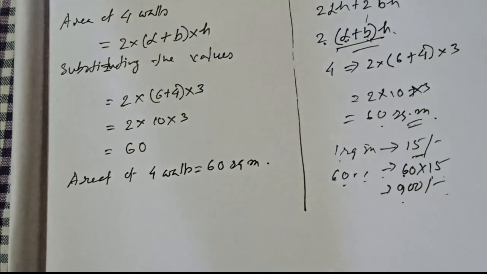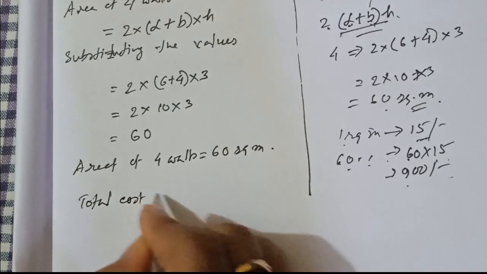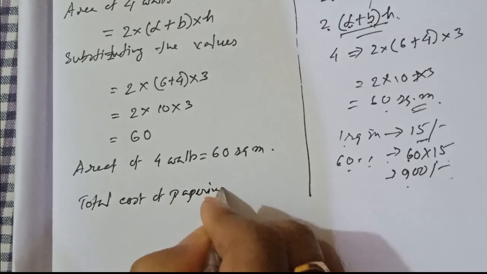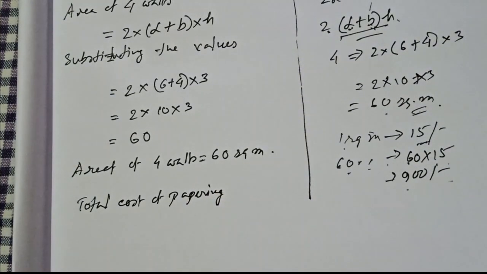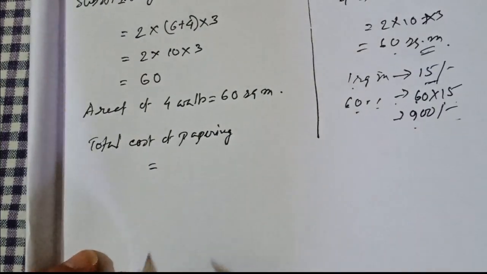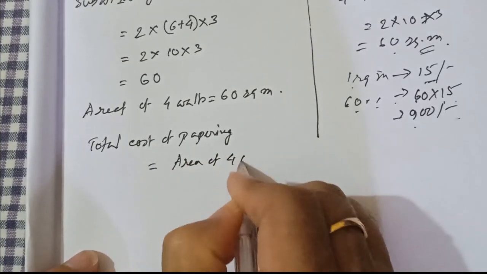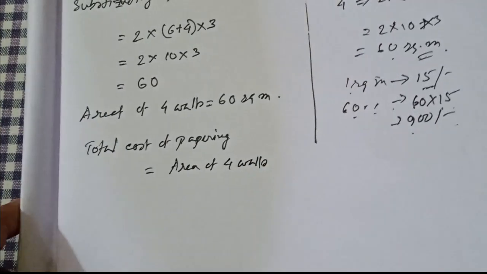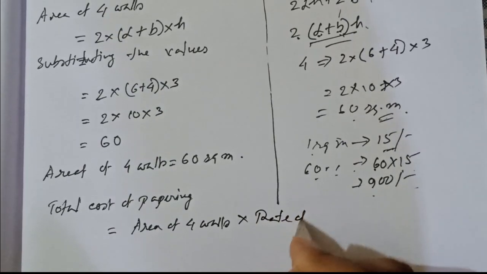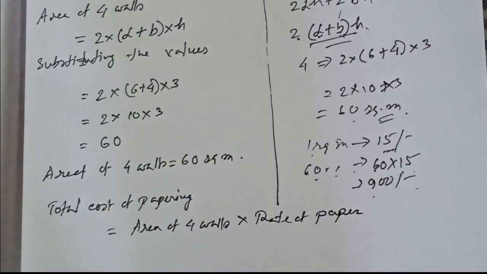Okay, so the total cost of papering the four walls is equal to area of four walls into rate of paper.